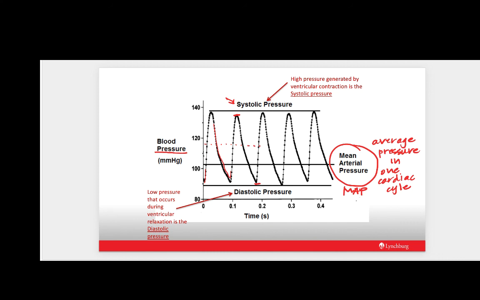So why is that? Well, it's because the heart spends longer in diastole than it does in systole. So it's not a halfway point because the heart spends more time in diastole than in systole. So we can say time in diastole is larger than time in systole.